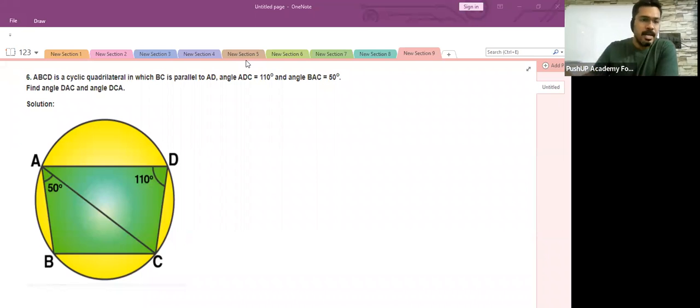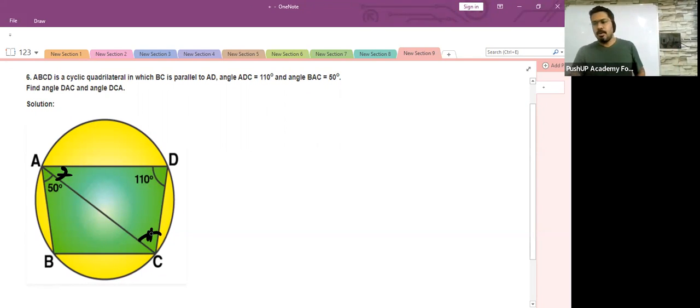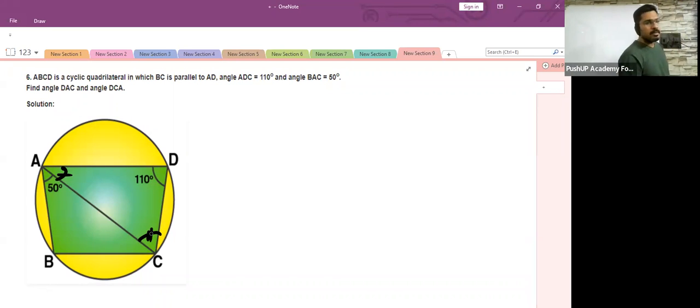What they have asked us to find is angle DAC, right? This is the angle which you have to find. Now explain, Loga. And then also DCA, this angle also. Tell me. Online students, start sending me the answers. Explain. First of all, my question is what is DCA?